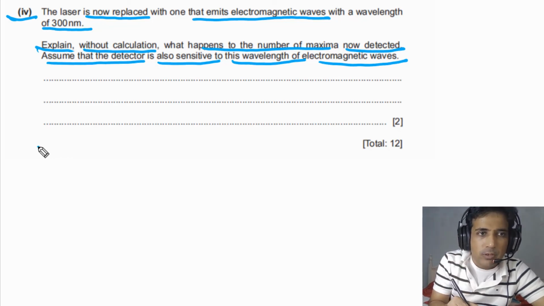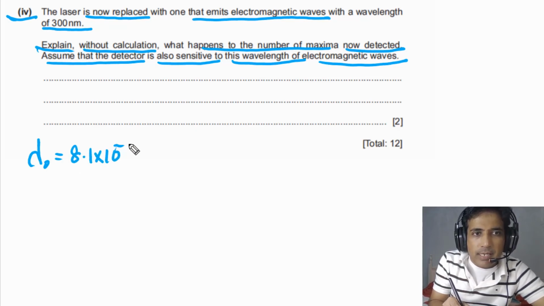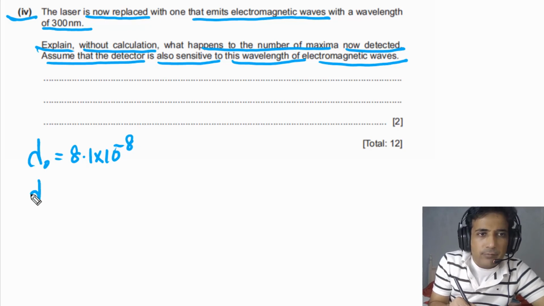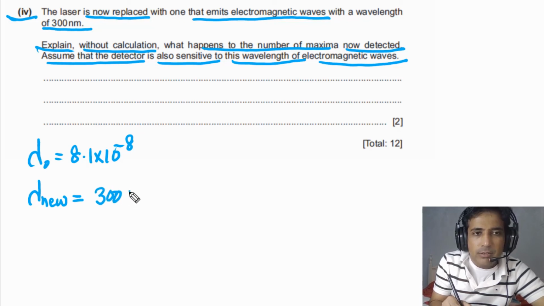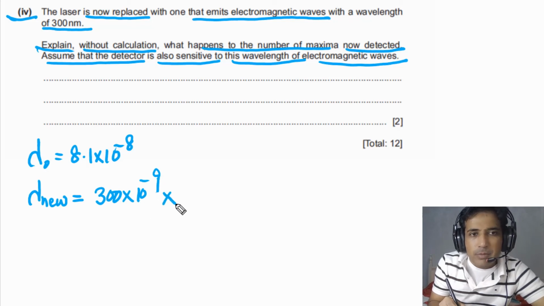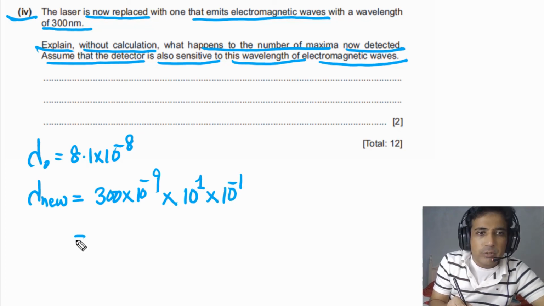So first of all, let's try to find out. We have the previous value of lambda that was equal to 8.1 times 10 to negative 8. Now we have a new value of lambda. So simply we can write here lambda new is equal to 300 times 10 to negative 9. Now if we multiply this by 10 and divide the other by 10, we can simplify this.